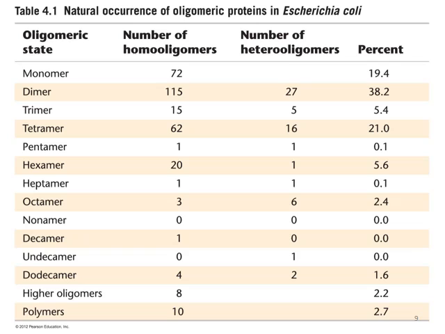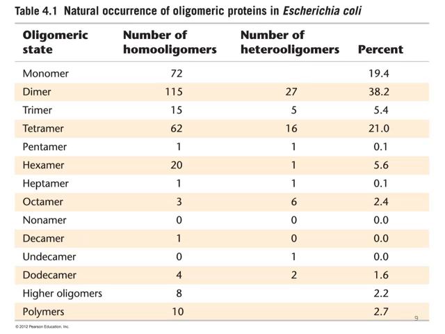This table shows the natural occurrence of various oligomeric proteins in Escherichia coli, a prokaryote. The first column talks to the different types of oligomers observed, from monomers, dimers, and trimers, all the way down to dodecamers and higher oligomers and very long polymers. What you can see here, first of all, is that there are about 372 proteins in E. coli which would be considered oligomeric, where you have a quaternary structure coming together, multiple subunits.